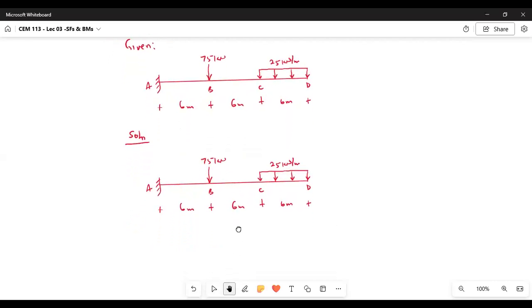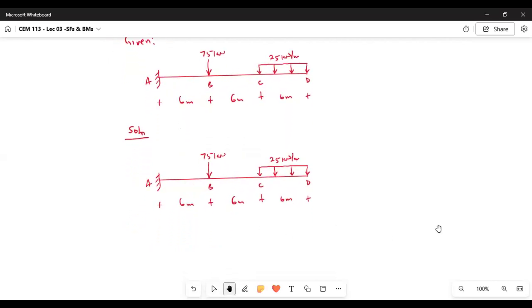Good. So as you can see here, it's the same diagram. The only thing that needs to change is the support, converted to their appropriate reactions.